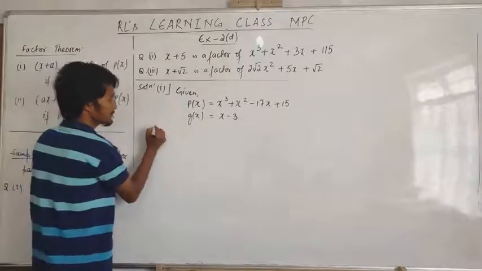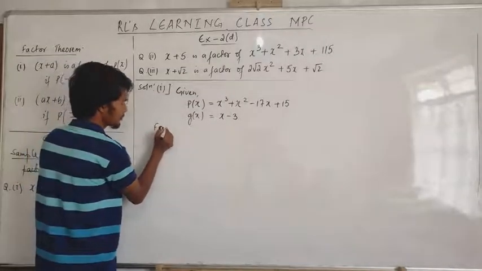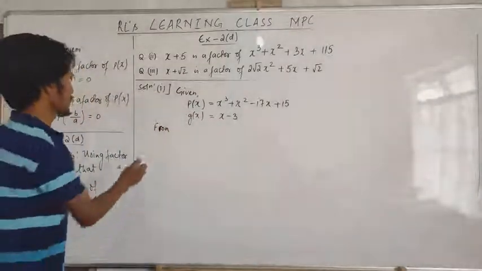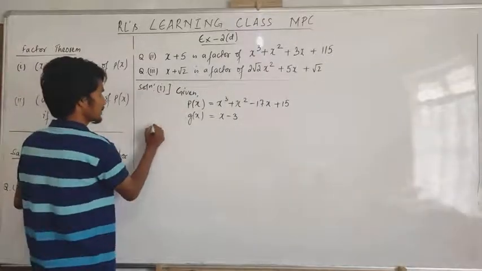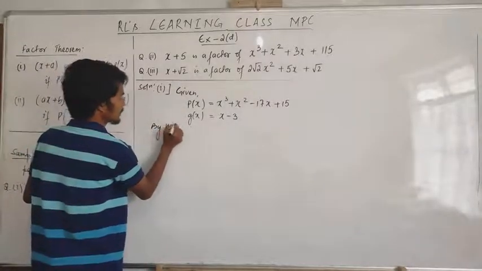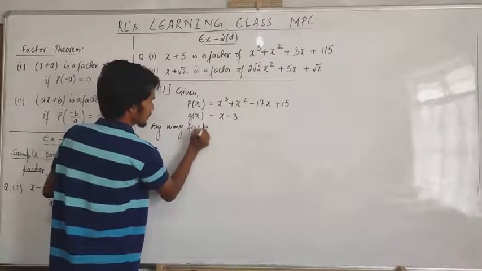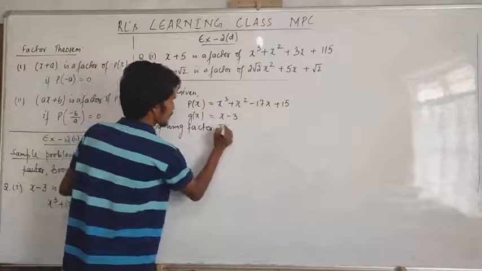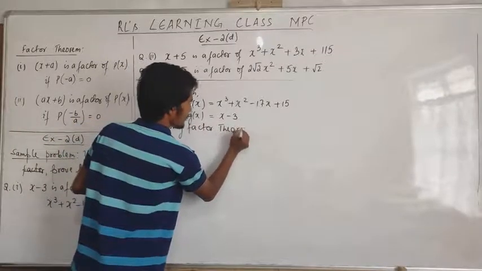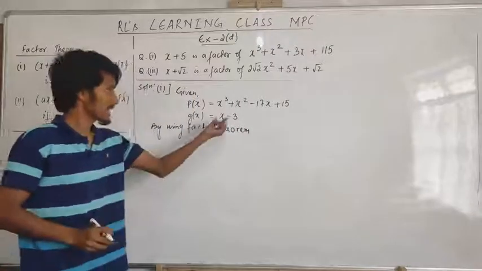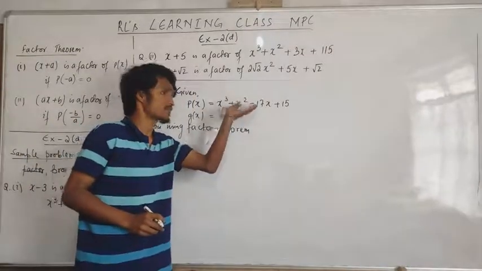Then, using factor theorem, we have to prove that this x minus 3 is a factor of this.